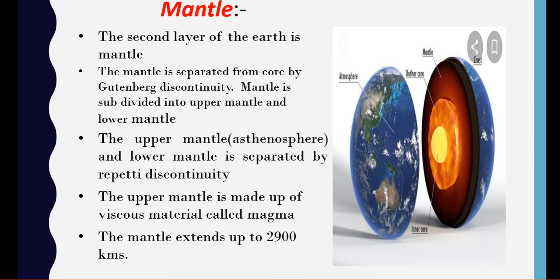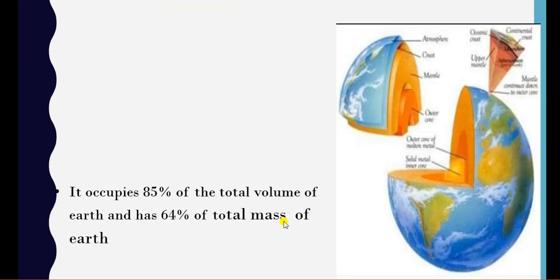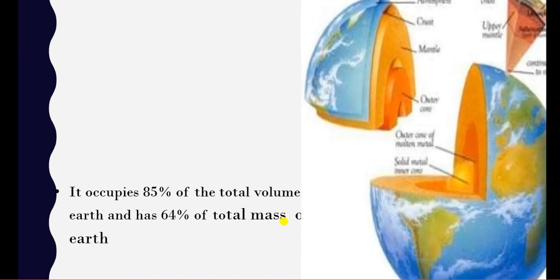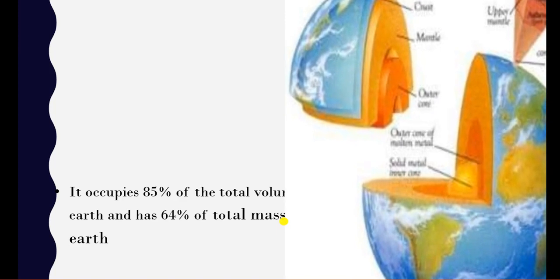The mantle extends up to 2900 kilometers. This is a very important layer from the point of view that it occupies 85% of the total volume of earth and has 64% of the total mass of earth. You can see in this picture the different layers clearly shown. This is the crust, the topmost layer.